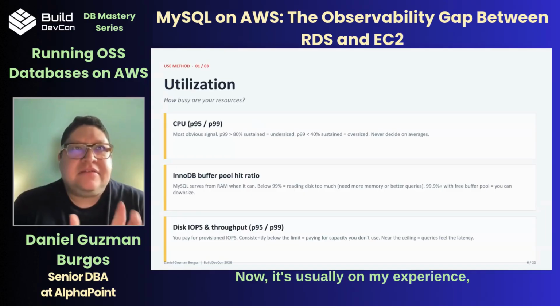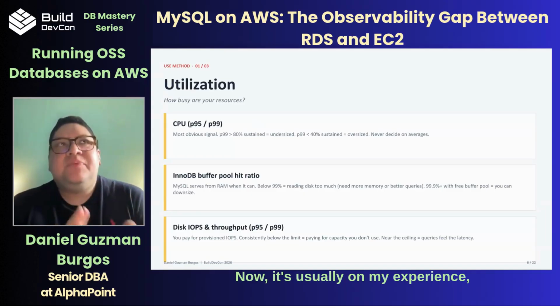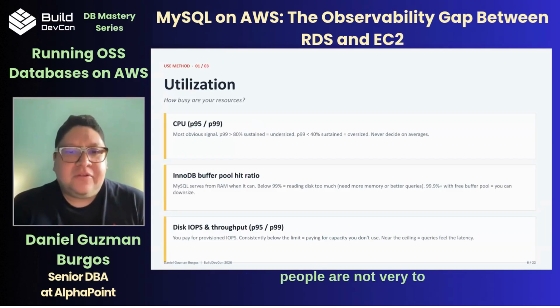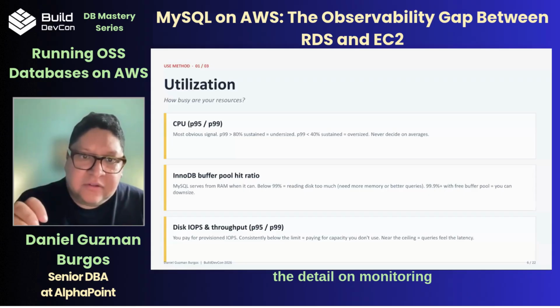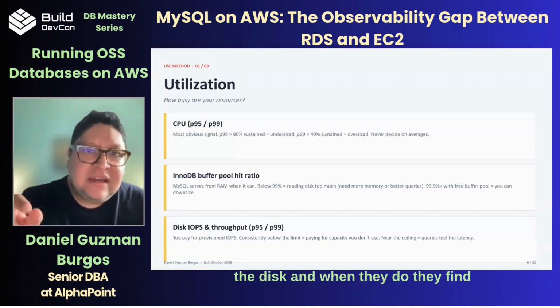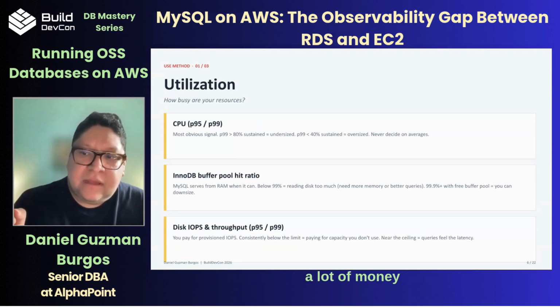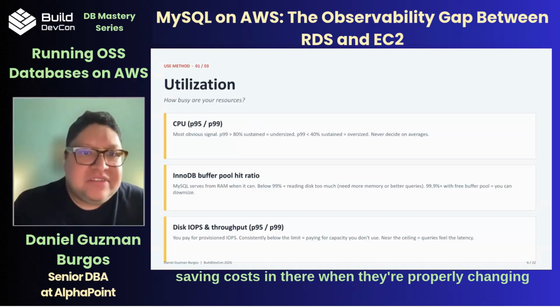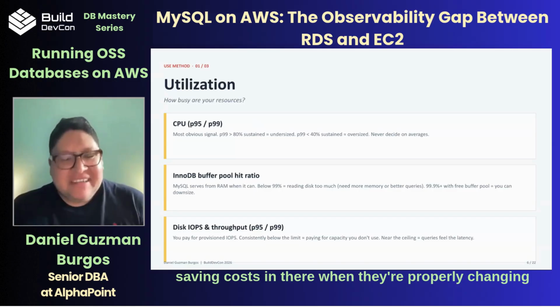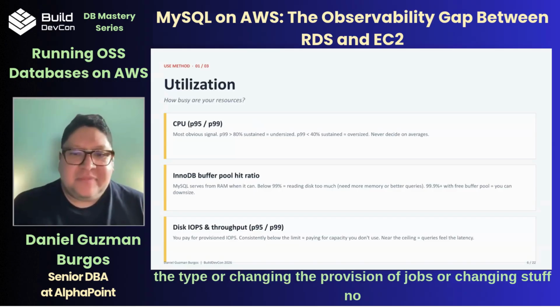In my experience, people are usually not very attentive to the detail on monitoring the disk, and when they do, they find a lot of cost savings when they properly change the type or change the provisioned IOPS.